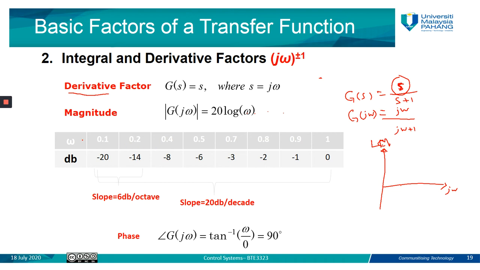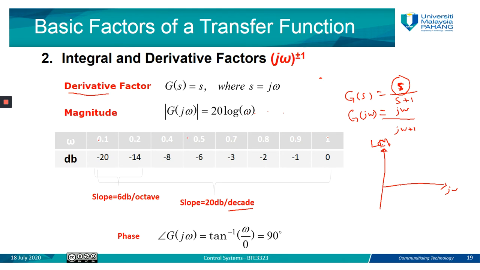So for example, here, if we have the value of ω change from 0.1 until 1, we call it one decade. One decade means 10 values. So you can find here 0.1, 0.2, 0.3, 0.4, 0.5, up to 1. So you are going to find 10 values between 0.1 and 1. Usually the semi-log paper is divided in this form: 0.1, 0.2, 0.3, 0.4, 0.5, 0.6, 0.7, 0.8.